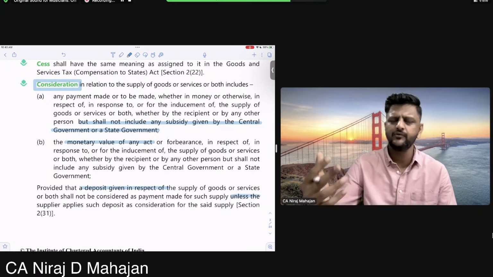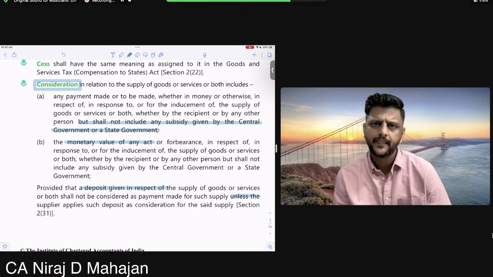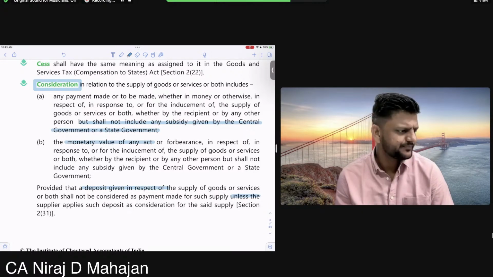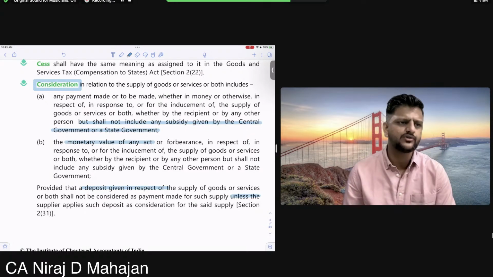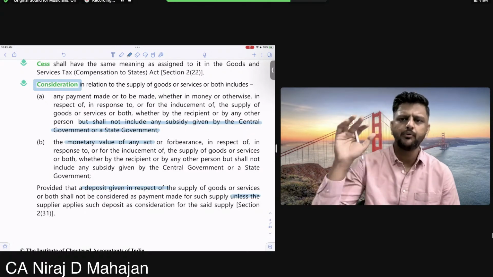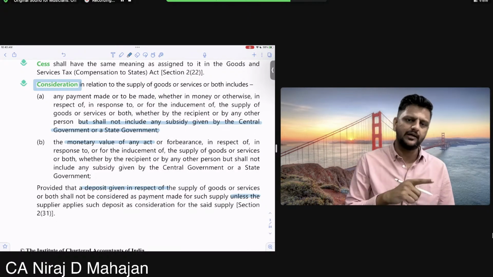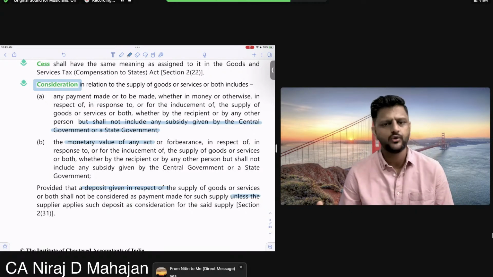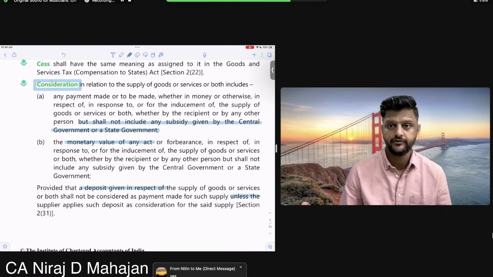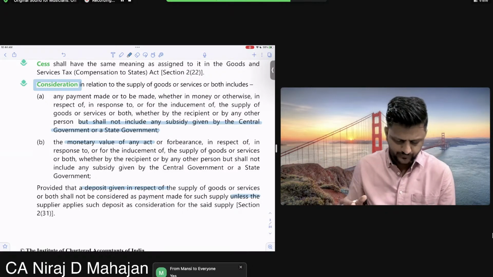Take the landlord and tenant example. The landlord receives a deposit, so the deposit amount is not a supply. But if the landlord or the tenant says to use the deposit as rent in the last 1 or 2 months, then I am applying the deposit towards supply. In that case, that deposit, bachcho, will be the income, or that will be the value of supply. Remember that we have covered that twice, thrice now, in income from house property also and here also.